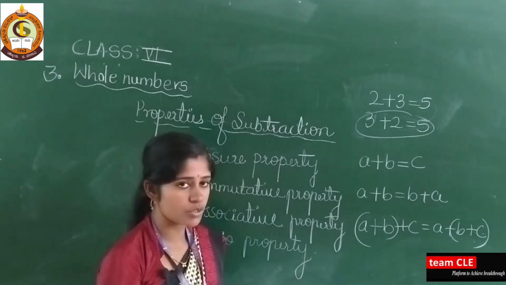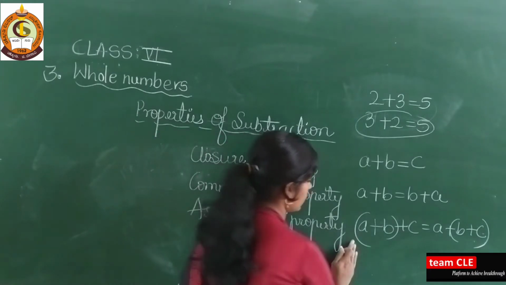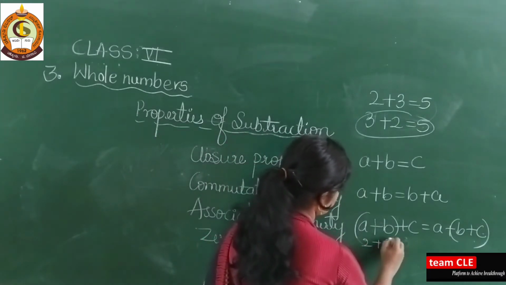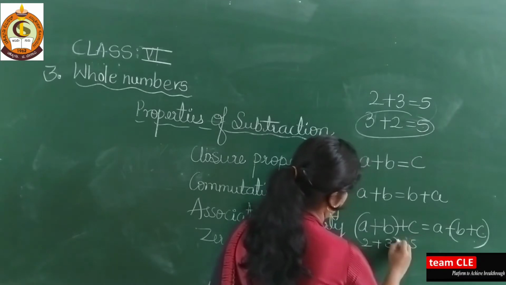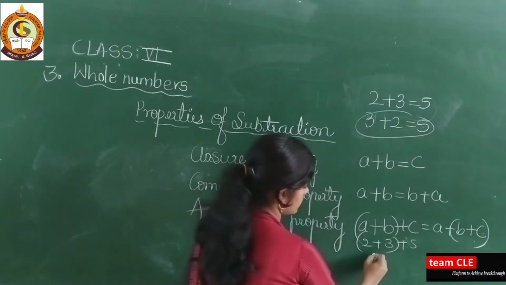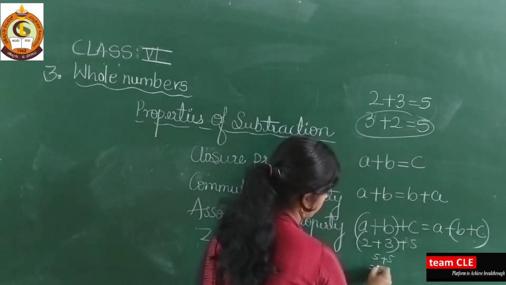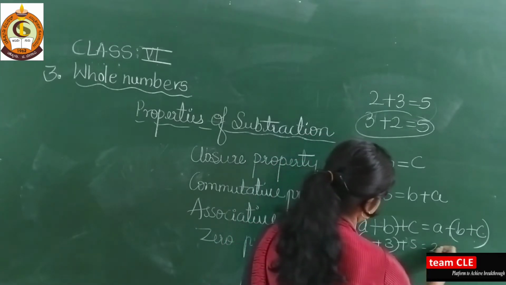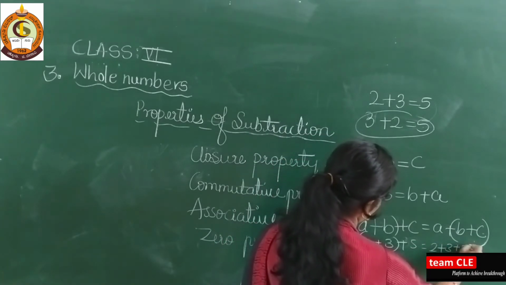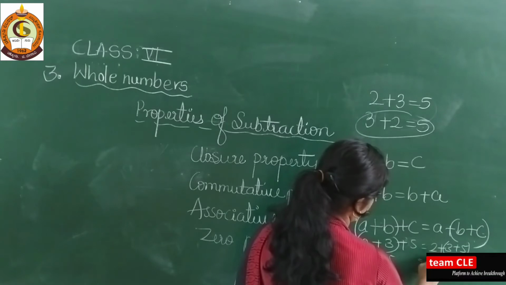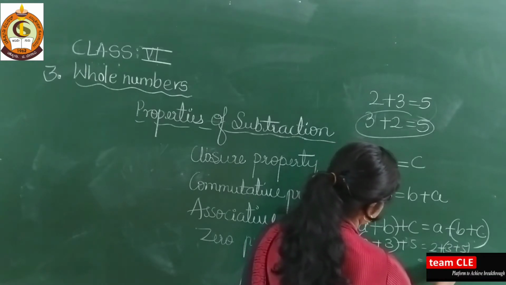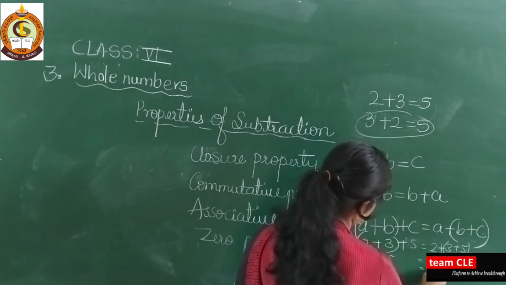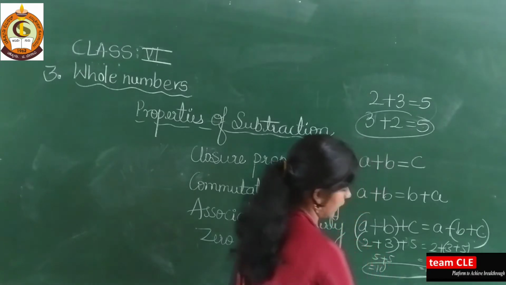So this is associative property. For example, you take here 2 plus 3 plus 5. Make here a group. 2 plus 3 is 5. 5 plus 5 is equal to 10. Again you take here 2 plus 3 plus 5. Make here 3 and 5 a group. 3 plus 5 is 8. 2 plus 8 is equal to 10. Okay, so 10 is equal to 10.